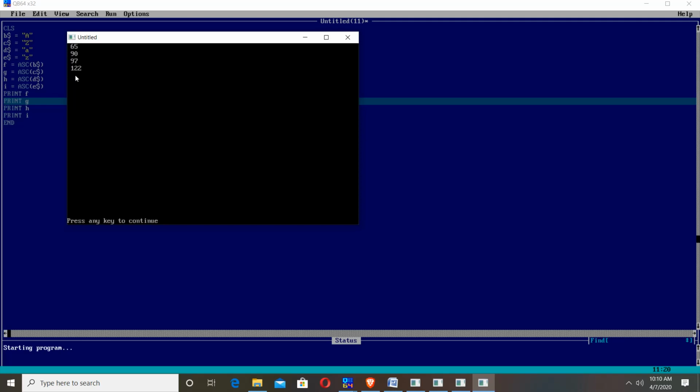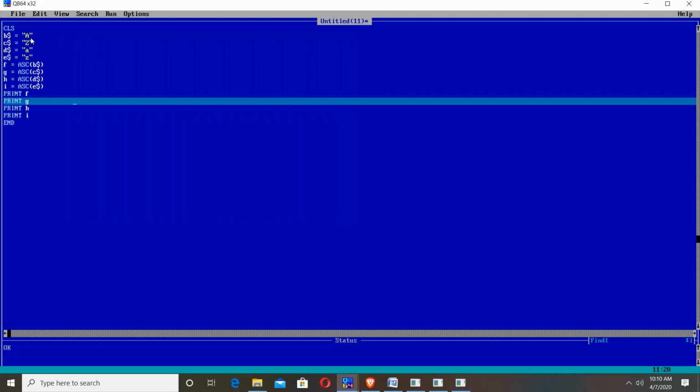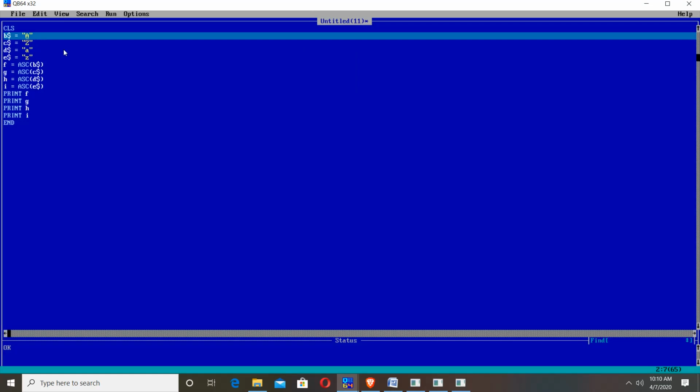And whenever you are writing the string or character, remember you have to write a single character over here, because a single character contains its own ASCII value. And the next thing is the ASCII value for capital A to Z is 65 to 90, and for small a to z is 97 to 122.